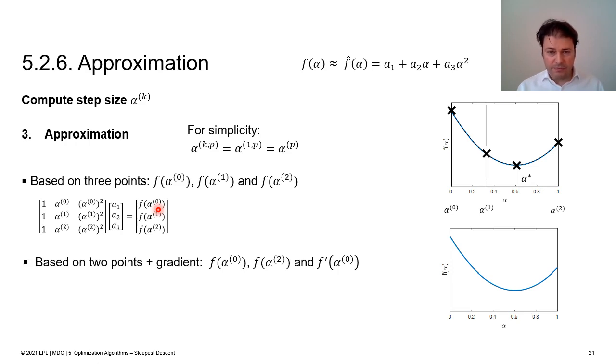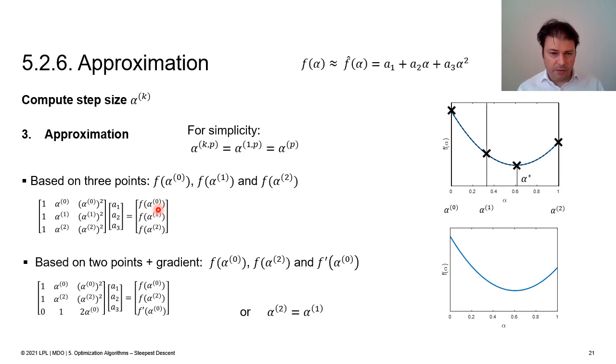Or alternatively, there's another way you can do the fit, is that you directly employ gradient information that you may have from the approximation of the gradient that you had to do in order to come up with your search direction, and from that you compute your coefficients, which would give you this kind of estimate.